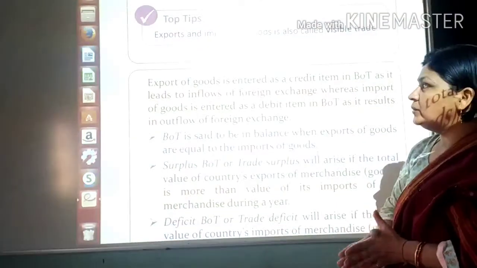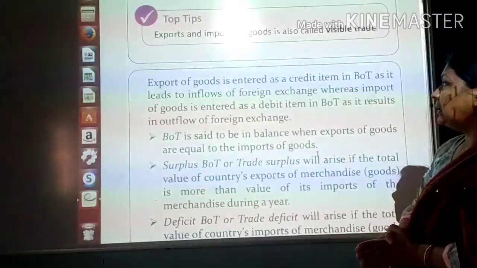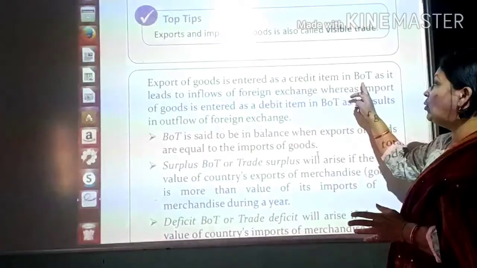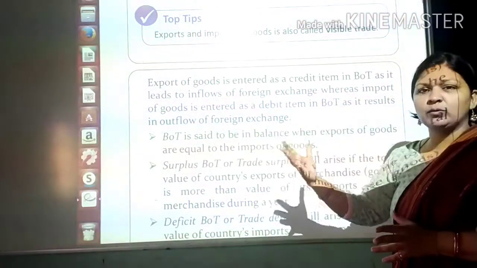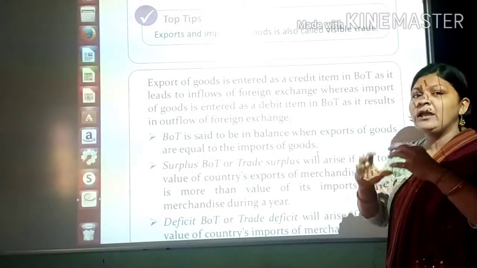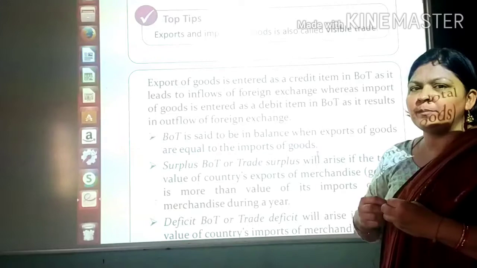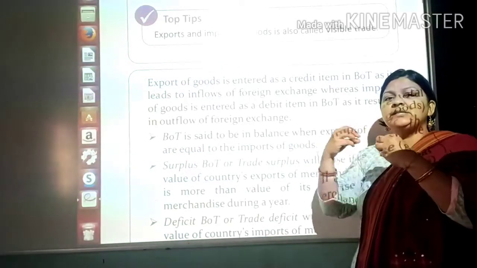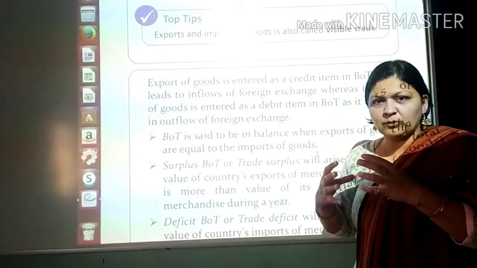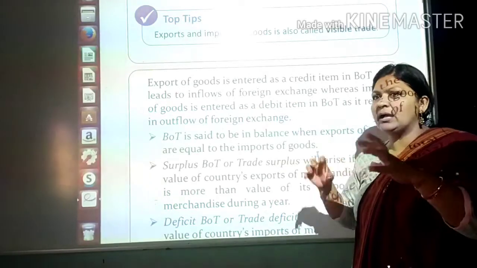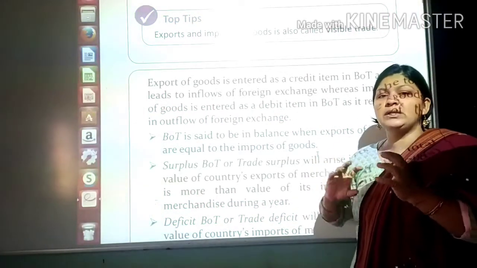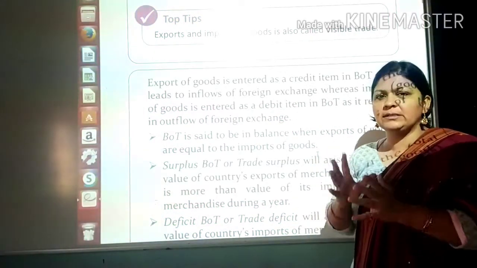Now export of goods is entered as a credit item in the BOT. Listen students, keep in mind that when we are thinking about the balance of payment, we are thinking about the foreign exchange concept only, not the goods. What is the transaction of the foreign exchange? That is our first question.